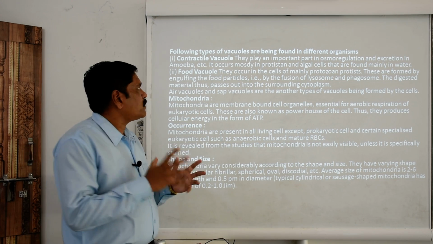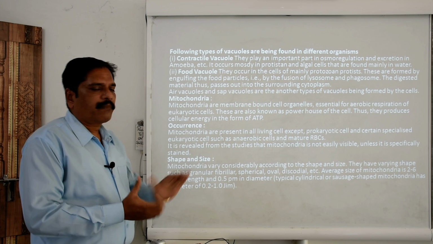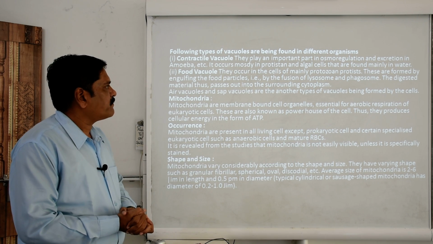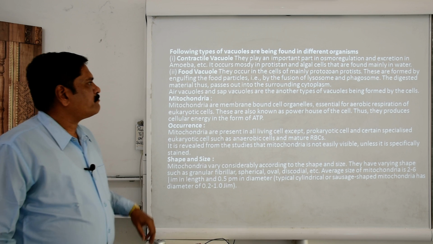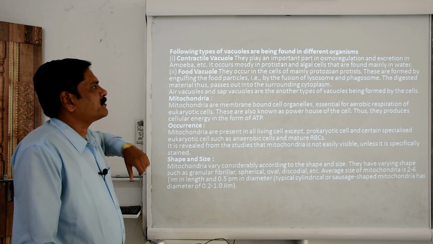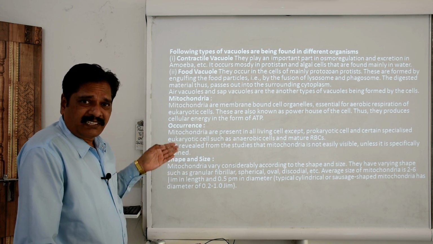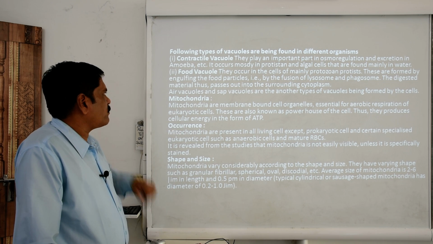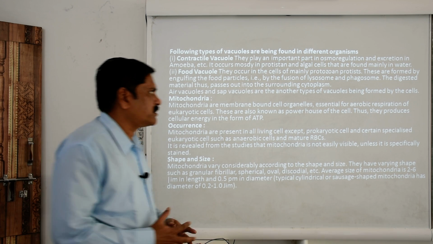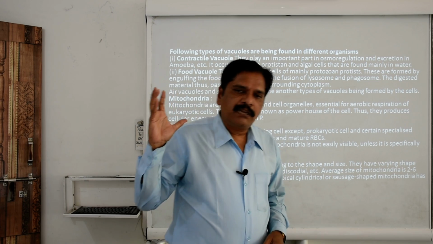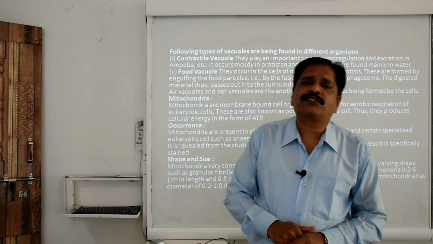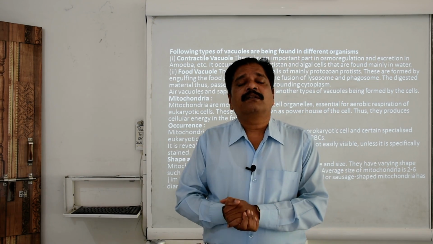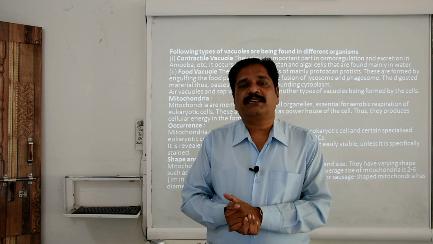One of the most important cell organelles is the mitochondria, clear? It is also a membrane-bound structure, which is an essential component of aerobic respiration, especially in eukaryotes, and because it is responsible for energy production, we call it the powerhouse of the cell.